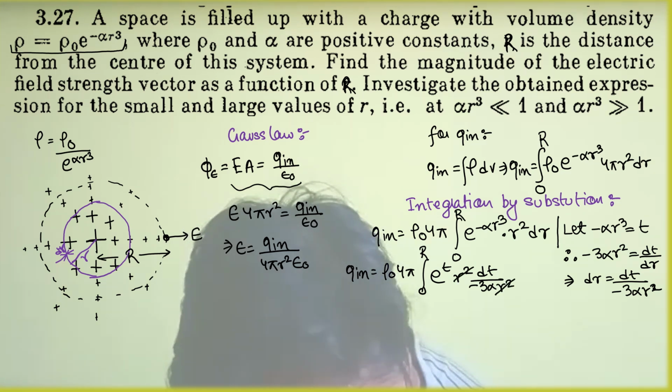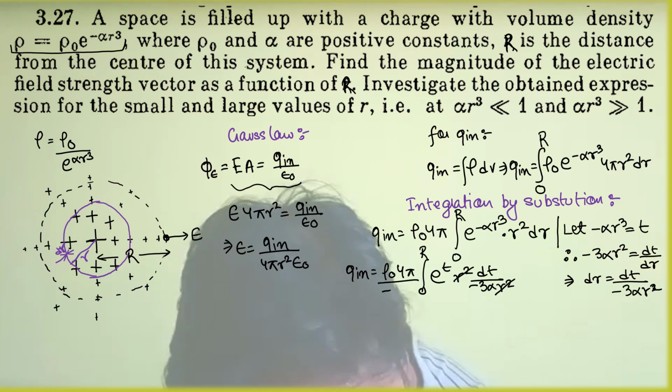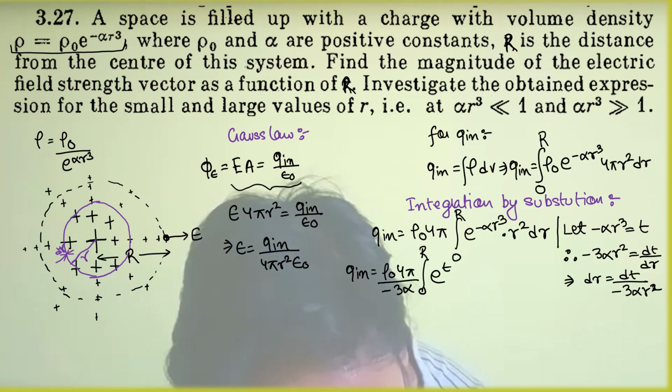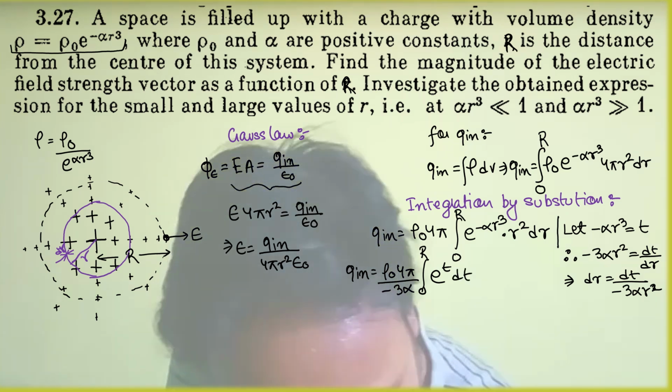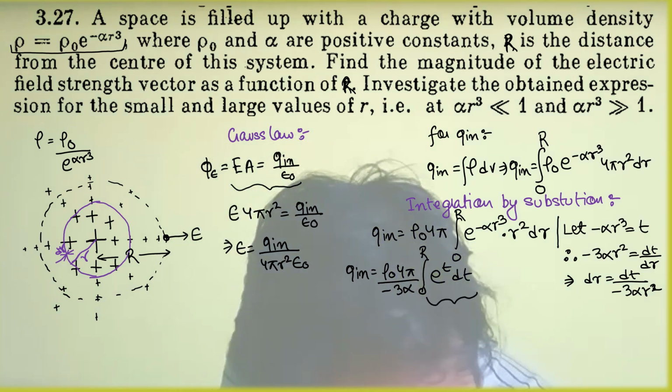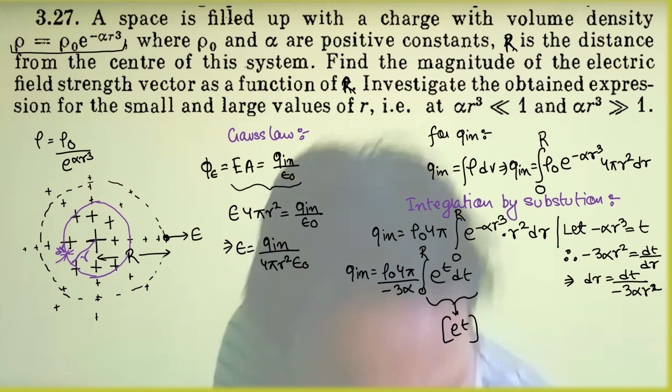The minus 3 alpha comes outside. So we are left with e to the power t into dt. Integration of e to the power t into dt is nothing but e to the power t. Integration of exponential is exponential only.